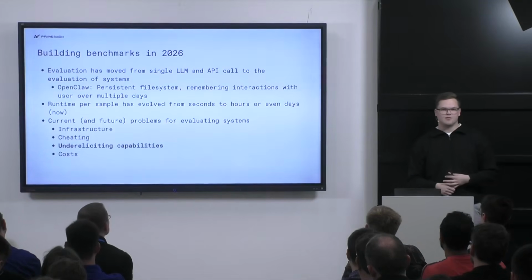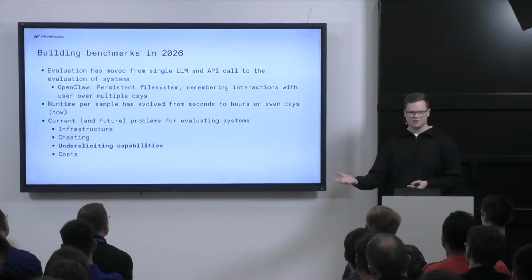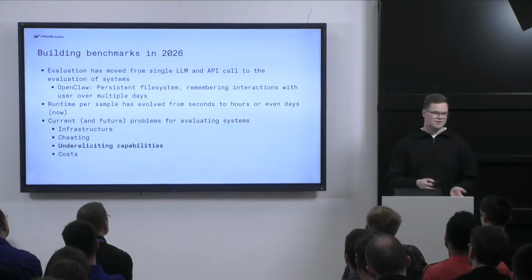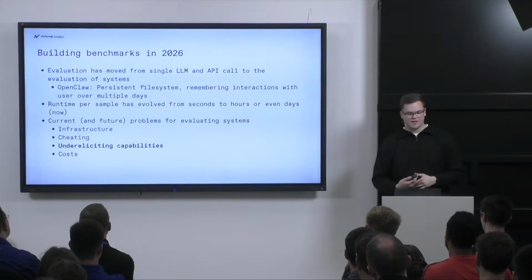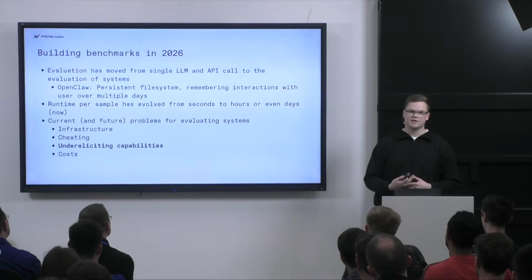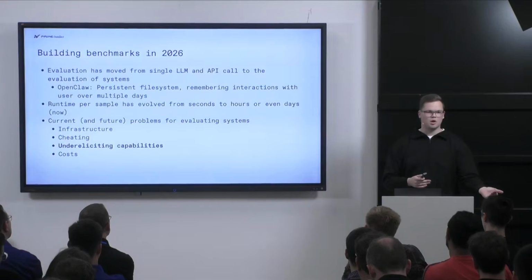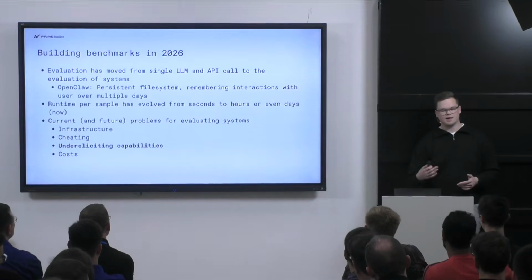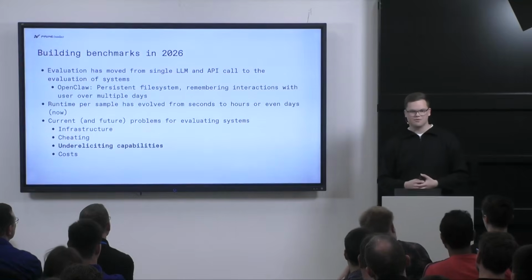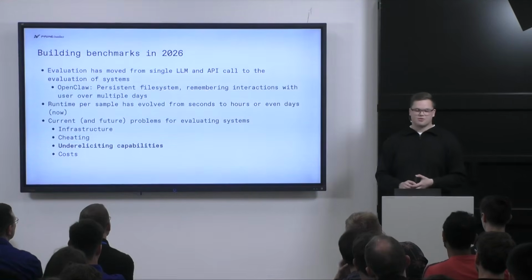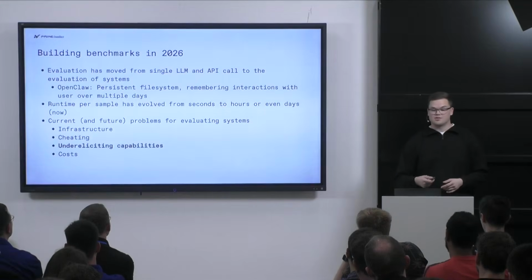The second thing is that the models are really clever to find ways around your setup, which is called cheating or reward hacking. So you need to find some ways to restrict the model. The biggest problem, where I will go into more detail, is that a lot of benchmarks are under-eliciting the capabilities, which means the benchmark creators don't work hard enough to really see what the models are capable of these days. And last but not least, is cost. The cost for creating benchmarks, as I've said, is now in the mid-5 to mid-6-figure range for some of these benchmarks, and running them, especially as more infrastructure is involved, is also exploding.